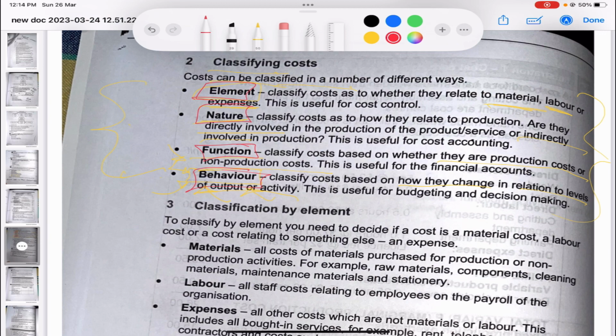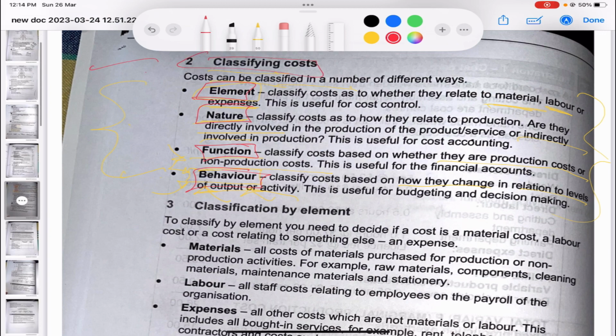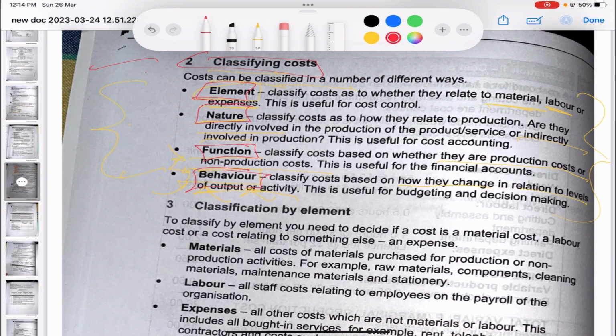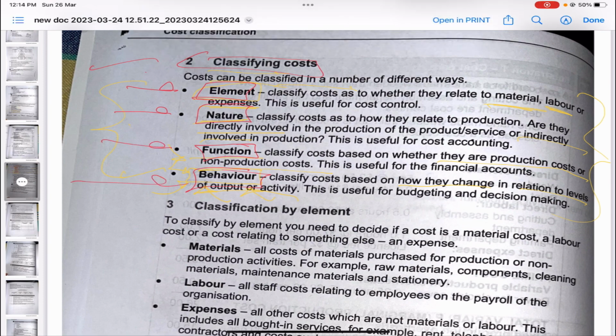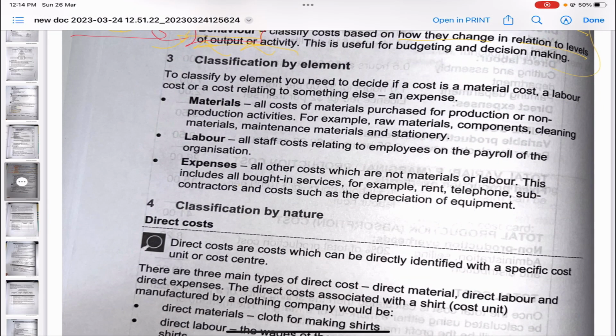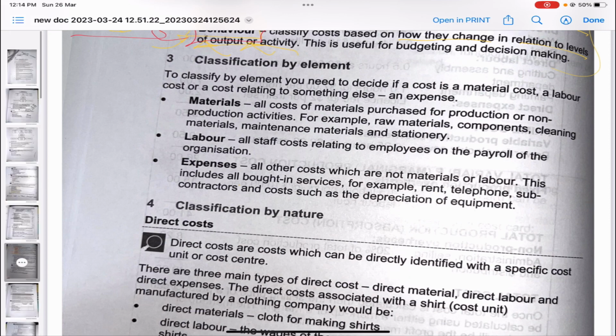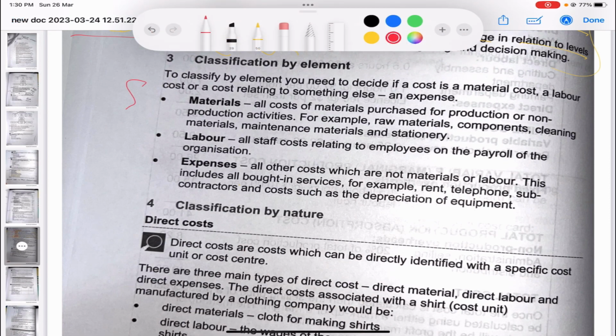So these are the ways of classification of costs. That is a little bit of the overview of the classification. Now we will be seeing the classification of costs one by one. Don't worry if you're finding it difficult right now, it's alright because we'll be seeing them in detail. Okay, so let's begin with this classification.